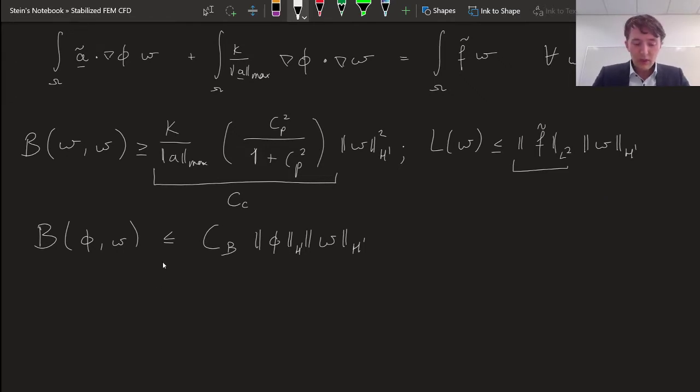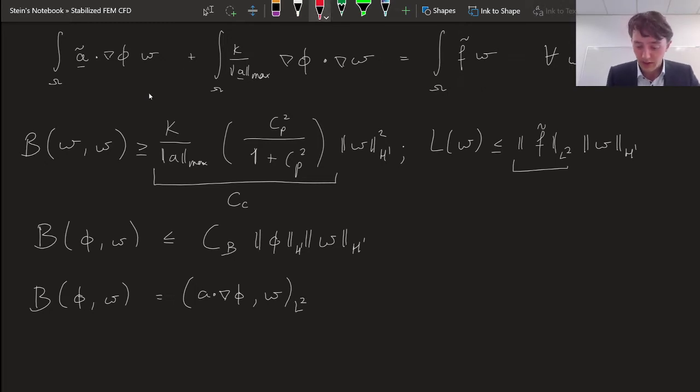Okay, so the main trick that we'll use here is the Cauchy-Schwarz inequality, which we've used before. By using that inequality, we can change an L2 inner product into a multiplication of L2 norms. And if we look at these integrals, all they are is a set of L2 inner products. So we can actually write the bilinear form as a dot gradient phi, W in the L2 inner product.